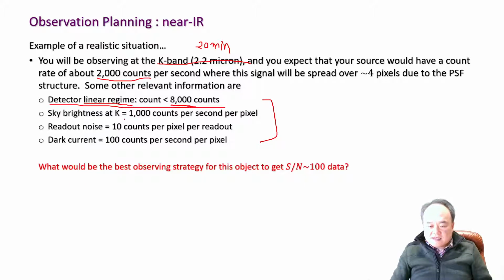Sky brightness at K-band produces 1,000 counts per second per pixel. Readout noise is 10 counts per pixel per readout. Dark current produces 100 counts per second per pixel. Your goal is to achieve a final signal to noise ratio of 100. How do you plan out the near infrared observation?